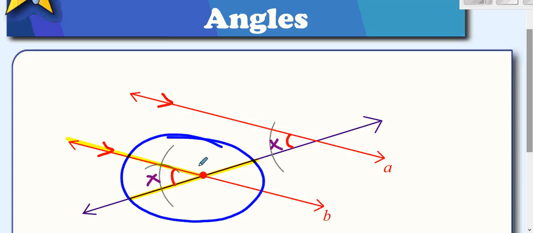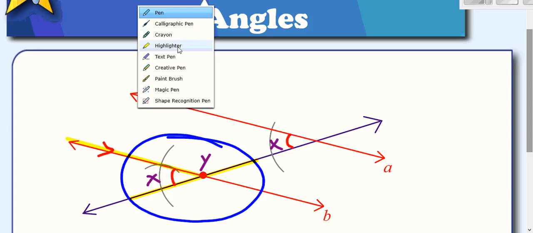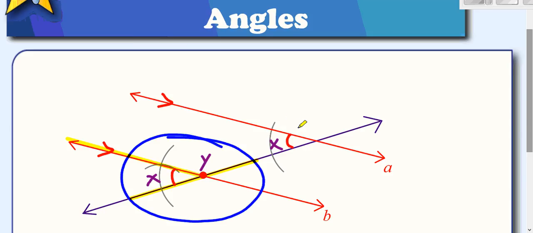So if these two angles, I'll just call it y for right now, x plus y is equal to 180, because it's a linear pair. But both of these angles are x.